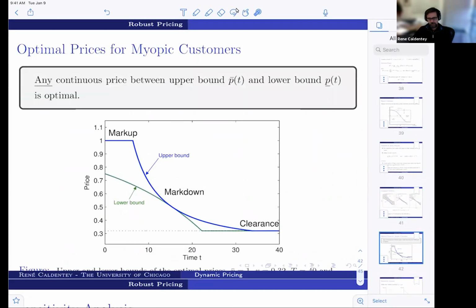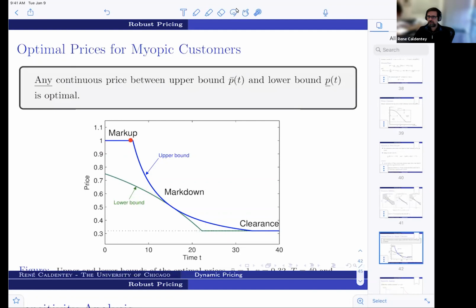And so in the paper, you can show that you have an optimal price trajectory with myopic customers. Any price trajectory in between these two curves, this blue one and the green one, has to go through that point, and here will be a trajectory that will give you minimum regret. What is interesting is that the blue has this pattern that I was describing before.